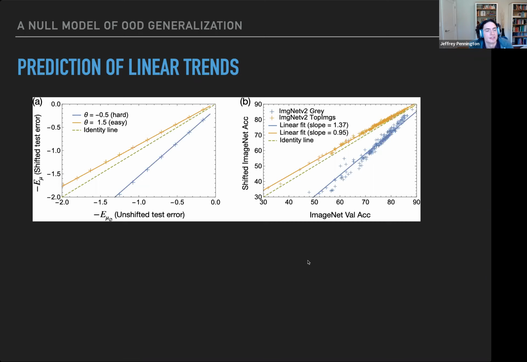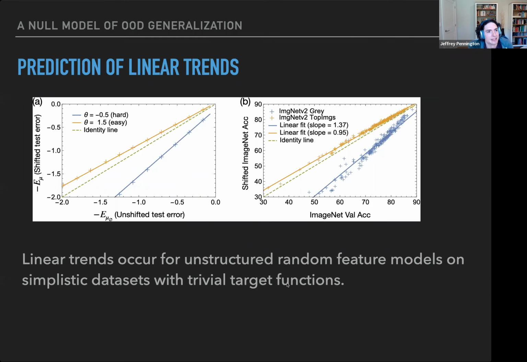So if you follow this specific form of covariate shift and you do things parametrically in the model size, you carve out these exact linear trajectories in this plane. I fine-tuned the theta parameter here so that it resembles the figure on the right, which is from real data. You can see that you can reproduce this phenomenon exactly, and capture the main qualitative behavior, in this basically completely trivial setting.